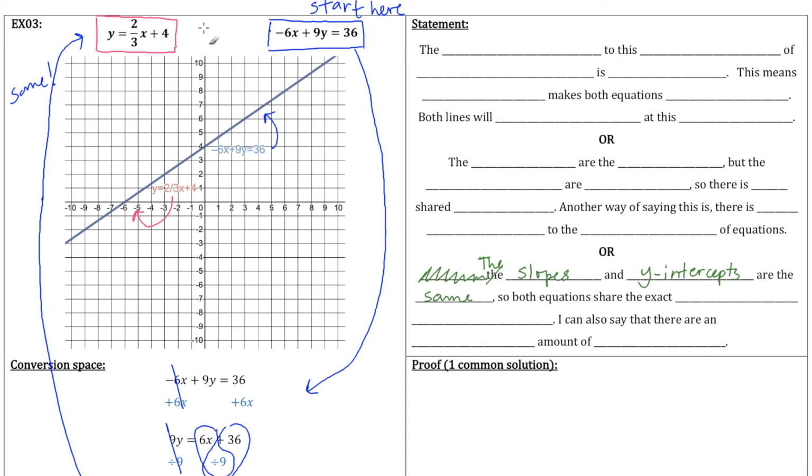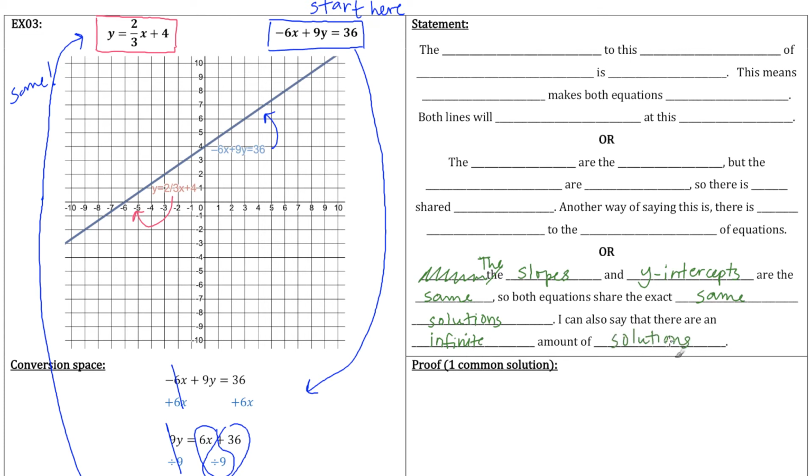So both of these equations share the exact same solutions. Well, yeah, we'll say solutions. The exact same solutions. So if 3 comma 6 works for this one, 3 comma 6 works for that one also. And I can also say that there are an infinite amount of solutions.